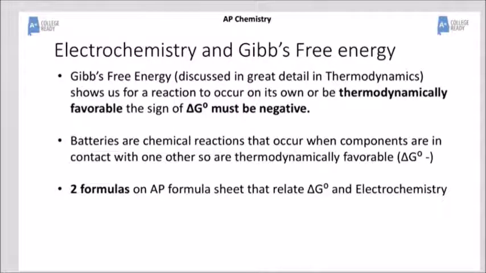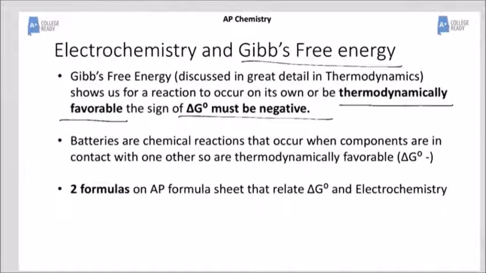It might be a very slow reaction, but if a reaction is going to occur without outside intervention, that means it's thermodynamically favorable. The conditions are right for those reactants to form products. Okay, so here's what you need to connect. Thermodynamic favorability means that this term, delta Gibbs free energy, must be negative. Okay, so that just means a reaction is going to happen.